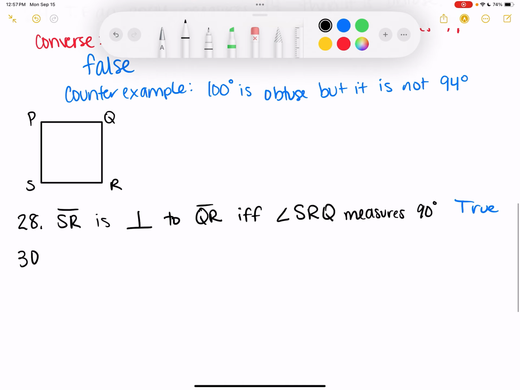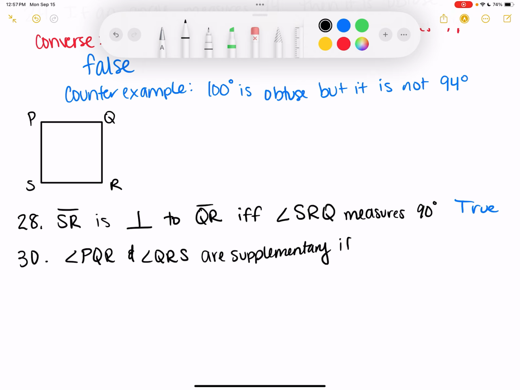Angle PQR and angle QRS are supplementary if and only if the measure of angle PQR is equal to the measure of angle QRS. It's not going to fit.